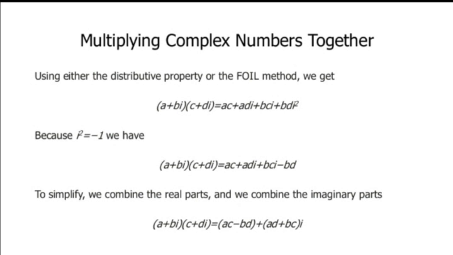So (a plus bi) times (c plus di) is equal to ac plus adi plus bci minus bd. To simplify, we combine the real parts and we combine the imaginary parts. (a plus bi) times (c plus di) is equal to (ac minus bd) plus (ad plus bc) times i.